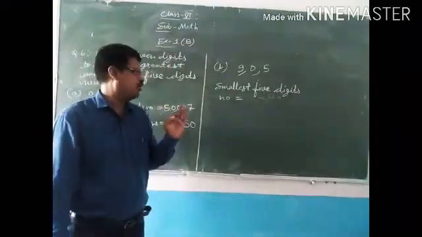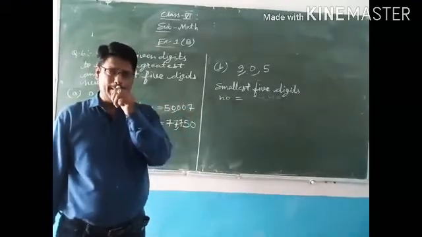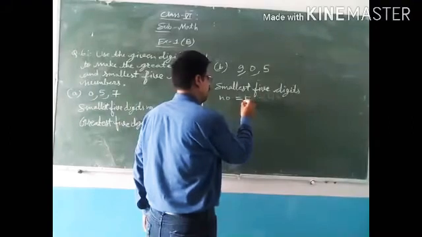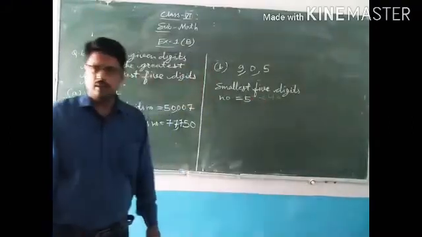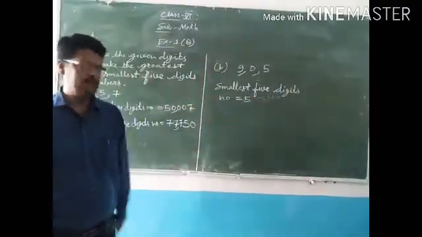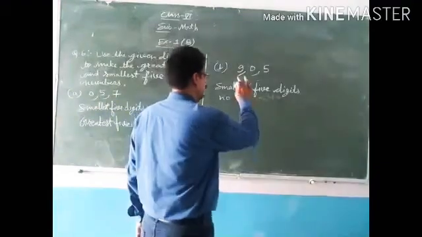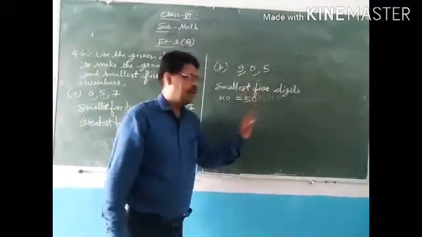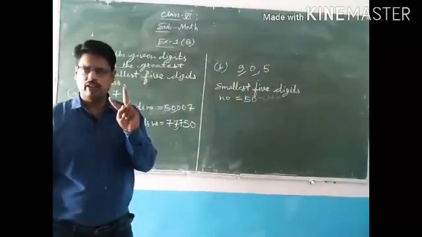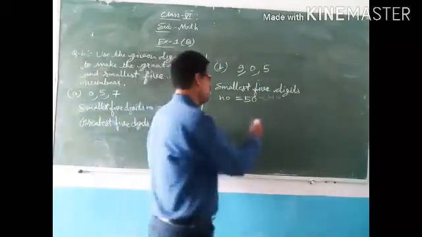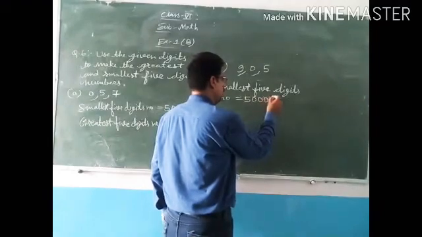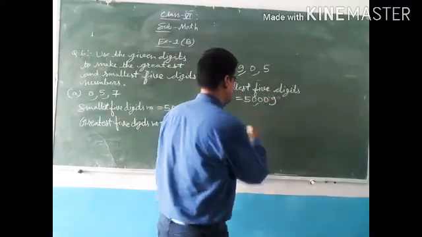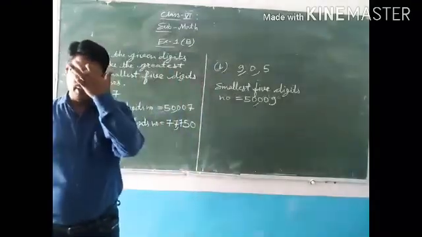Firstly, in smallest 5-digit number, look at here, 0 we cannot write in the beginning. So after that 5 is the smallest digit. So we have to write 5. And then after 3 digits are there. So 0 we will write this, and 2 digits more we require. So these 2 digits would be 0, 0, and then after 9. This would be your smallest 5-digit number.